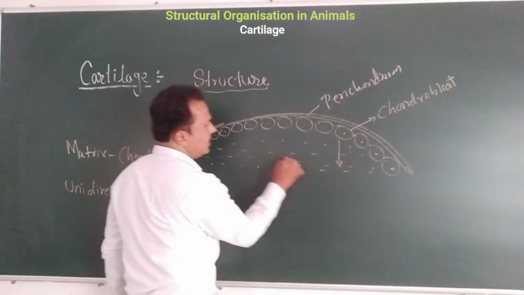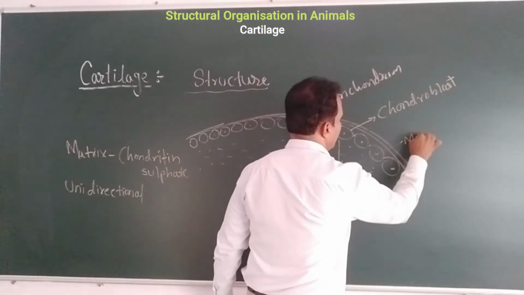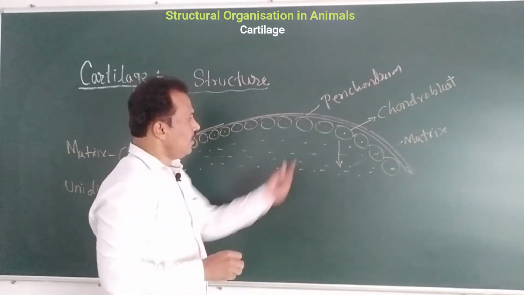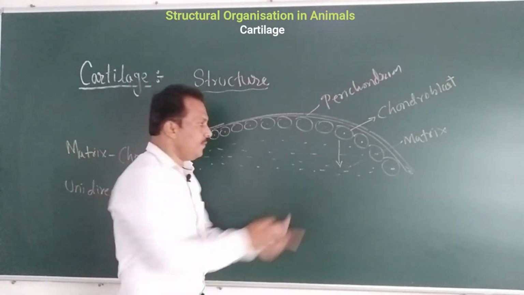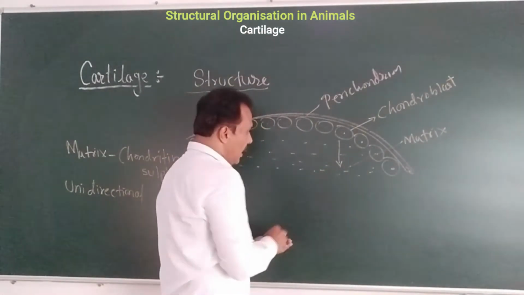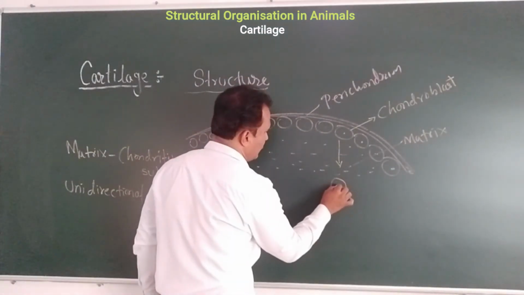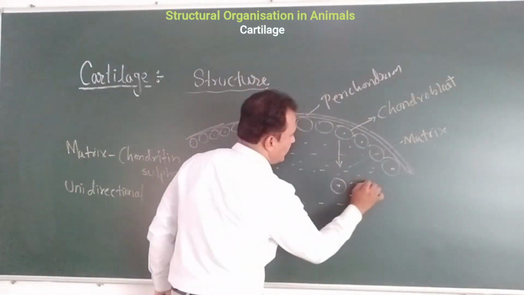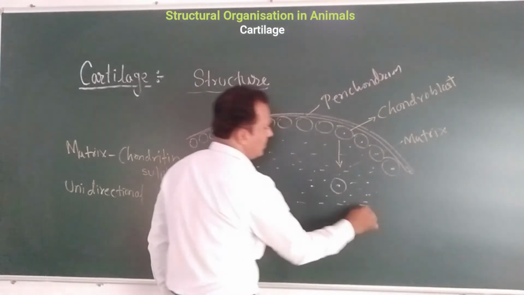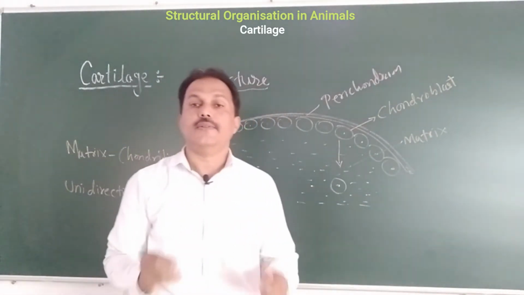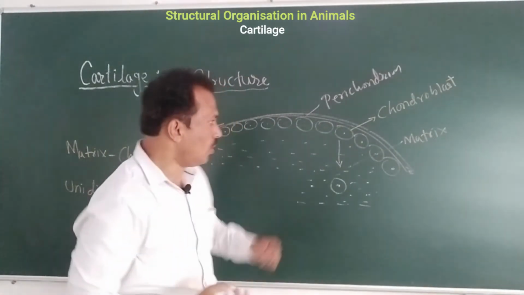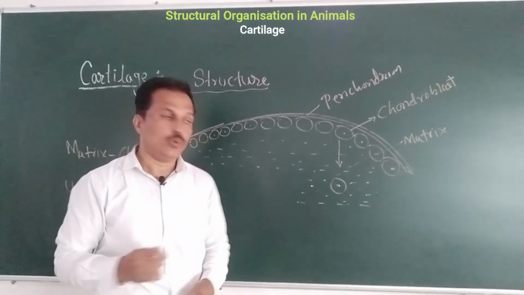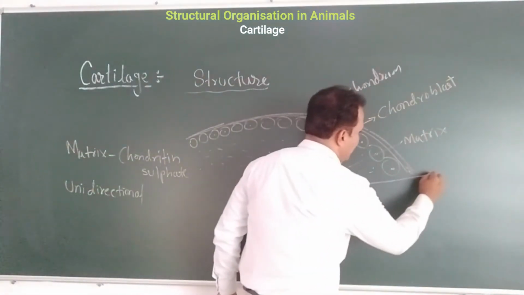This is what I am showing. This is nothing but the matrix made up of chondroitin sulfate. And when these chondroblasts migrate toward this point, they get matured when they are surrounded by the matrix. I am repeating, these chondroblasts, when surrounded by the matrix, get mature to form chondrocytes.